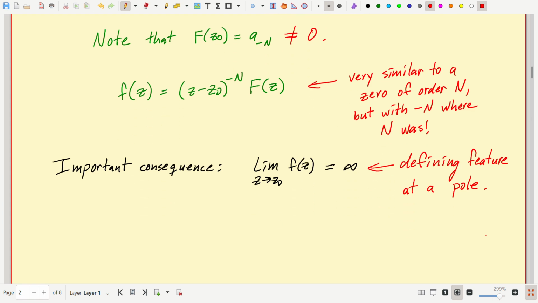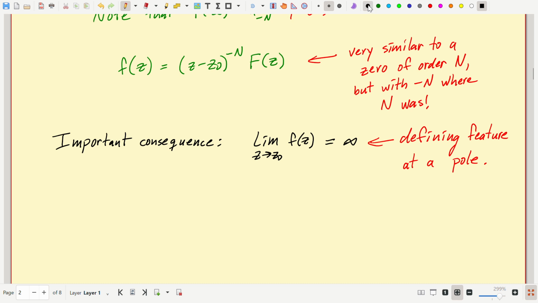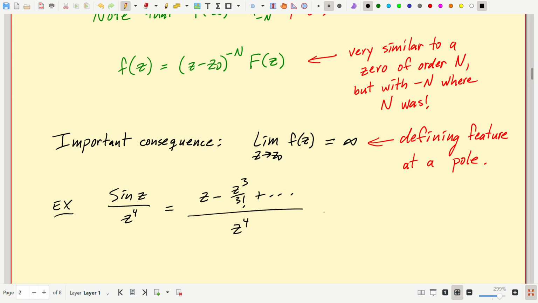And I showed you an example of this last time, something like sine z over z to the fourth, which has a pole at z equals 0, because I can write the power series for sine, and when I divide that by z to the fourth and distribute it through, the first term would be 1 over z cubed. The second term would be minus 1 over 3 factorial times 1 over z.